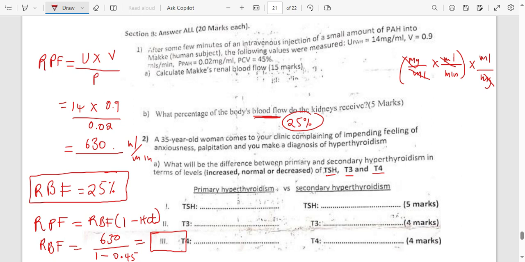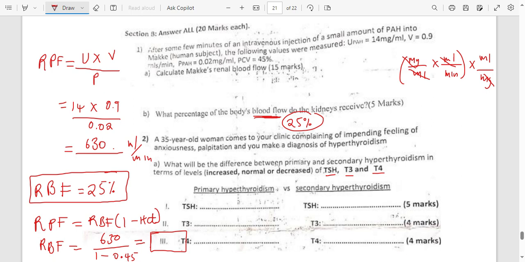Now, when you are comparing the levels of these hormones, starting with the primary one, I've even swapped them actually. Primary is a problem with the gland, right? Secondary is a problem with the pituitary gland.